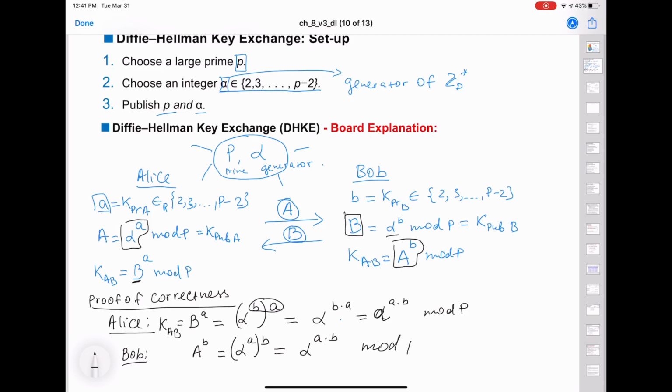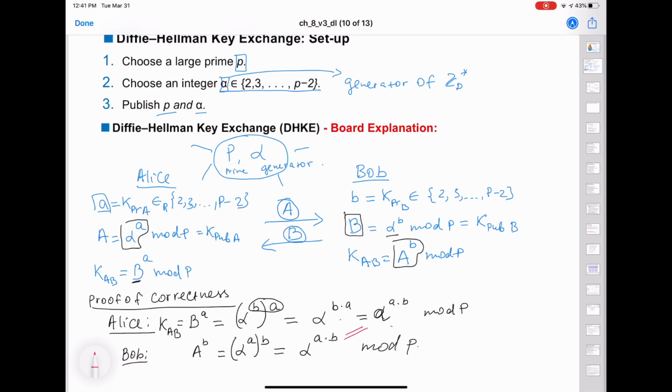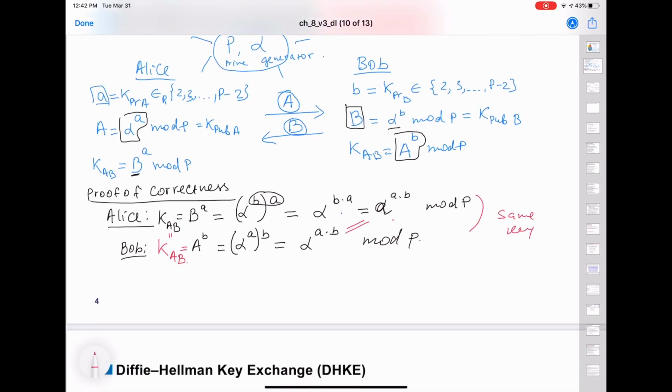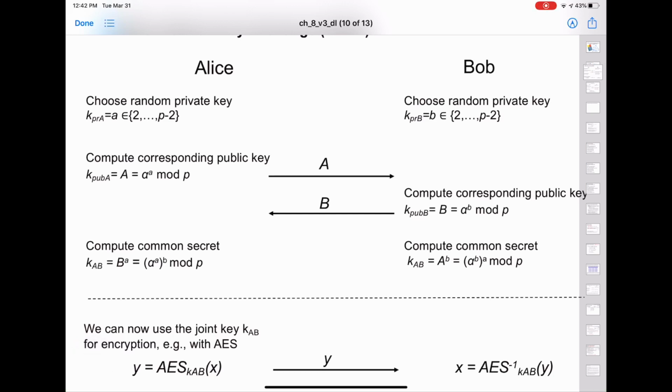As you notice, these numbers are equivalent, this is equivalent to KAB, this is equivalent to KAB. Alice and Bob get the same key, both of them. So this is called proof of correctness. This is the idea of the Diffie-Hellman key exchange. I like to explain with colors, it is more understandable, but of course we are working with numbers here.